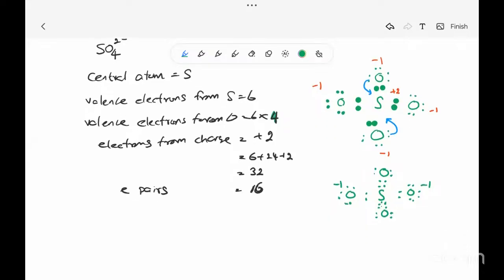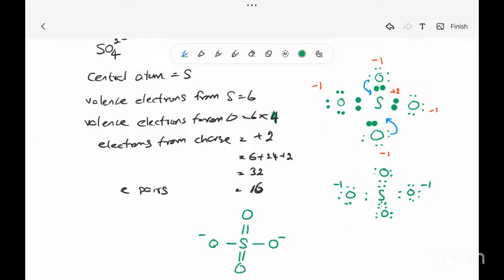So if I go for the dot dash one, here we have a single bond, oxygen minus, double bond oxygen, oxygen minus, double bond oxygen.